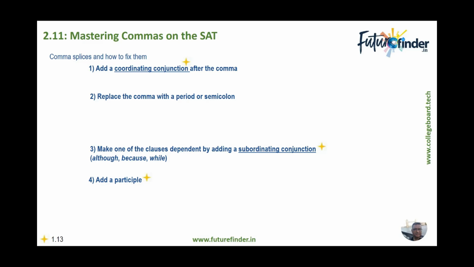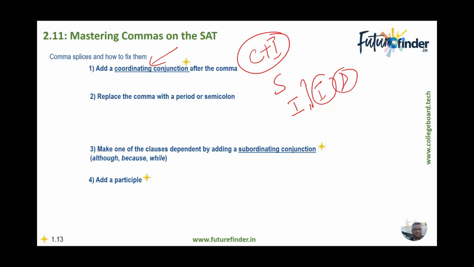So, comma splices and how to fix them. Of course, the most common way of fixing the comma splice is to use a coordinating conjunction. If you have an independent clause and an independent clause, and you put a conjunction in the middle, this becomes an ID combination, and hence this stands.